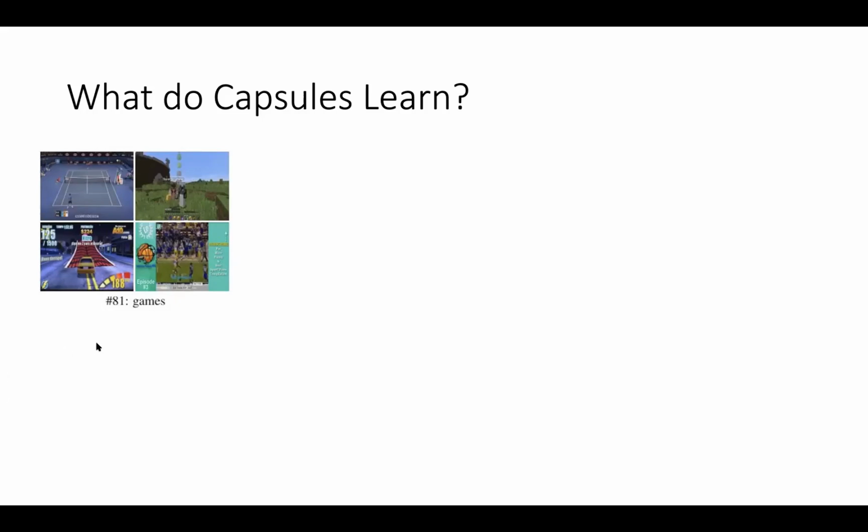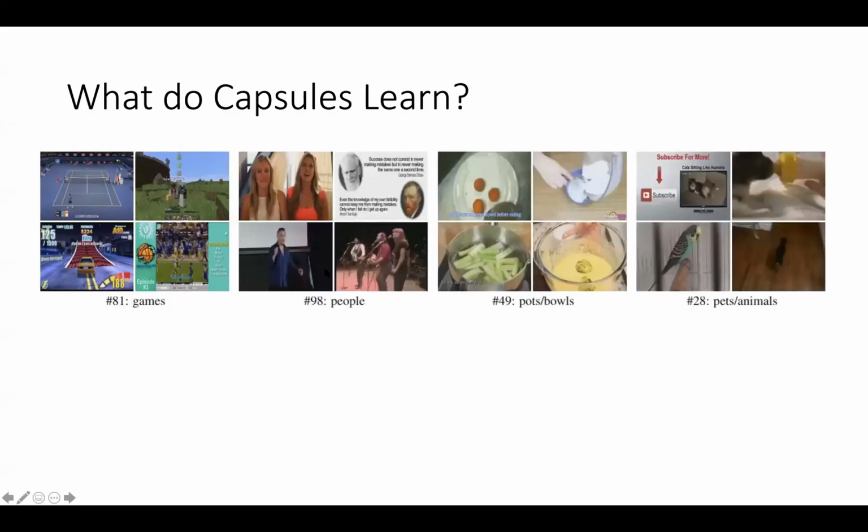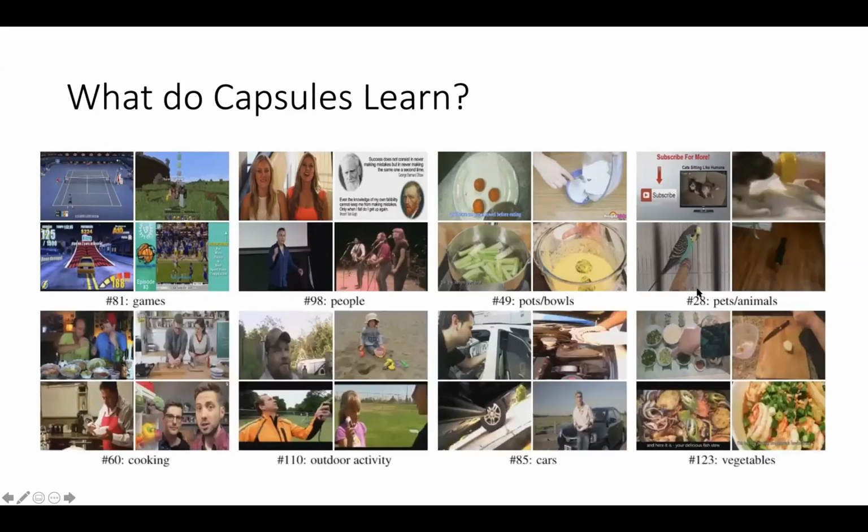For example, capsule number 81 is able to learn what games are, in this case, video games. We can see that other capsules represent other things. There's a capsule that learns what people are, a capsule which learns what pots and bowls are, a capsule for pets and animals. Overall, we find that most of the capsules correspond with a single object or entity.